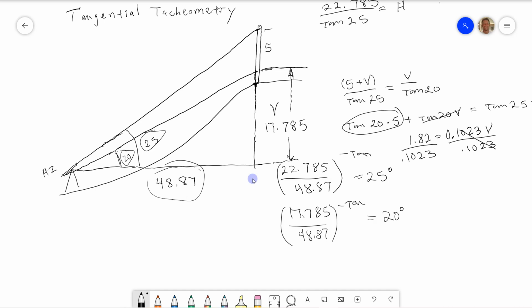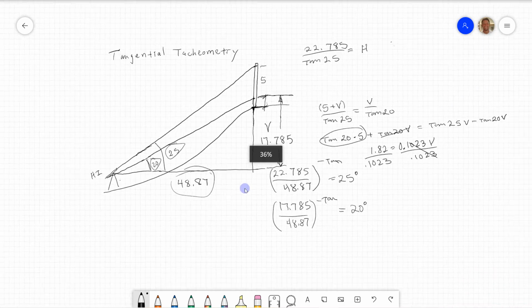And then you would deduct this dimension right here above the ground. You'd have 17.785 minus whatever, 1 foot, and you would end up with the height of the pin above the height of the instrument. That's how tangential tacheometry works, as far as I know.